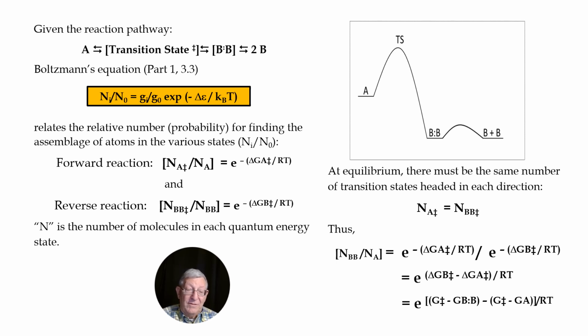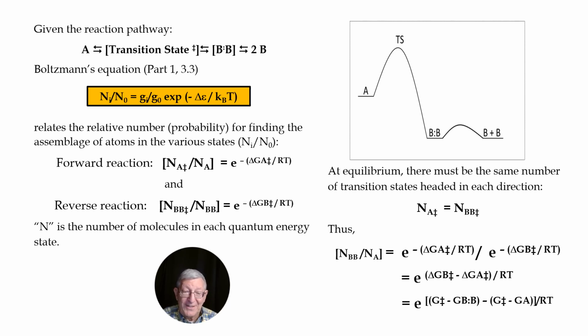Okay, now at equilibrium, the number of molecules at the transition state that are headed from left to right, that would be the forward reaction, must equal the number of molecules that are going from right to left. That would be the reverse reaction. That's what this NA double dagger is equal to NBB double dagger is equal.